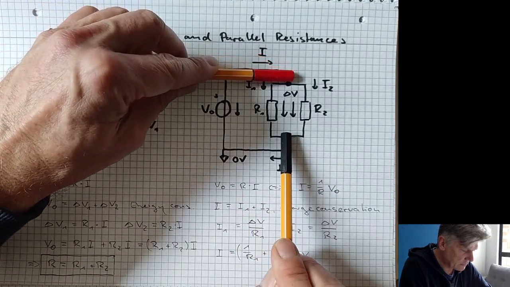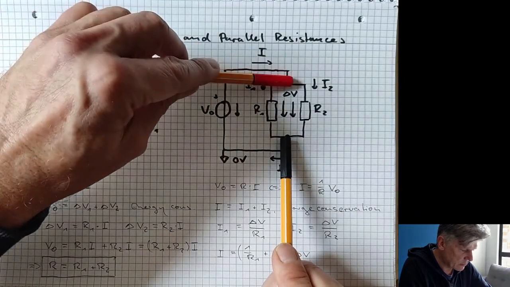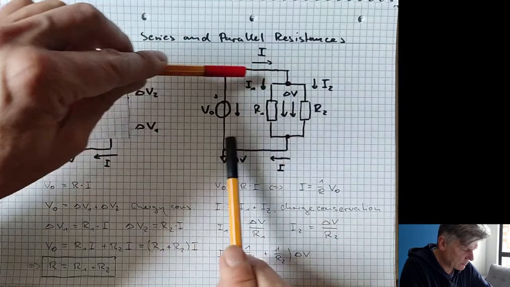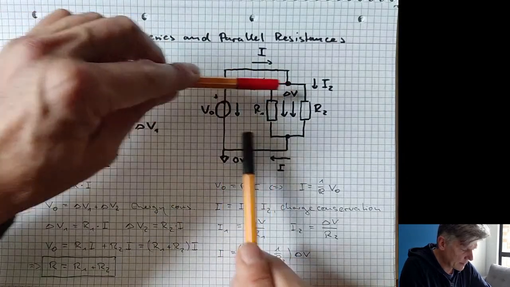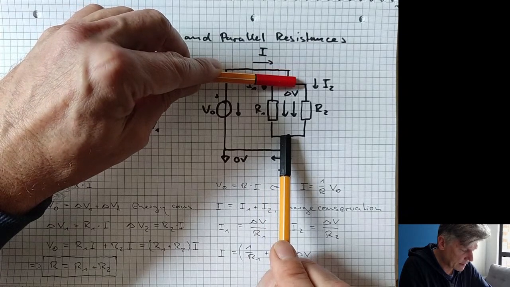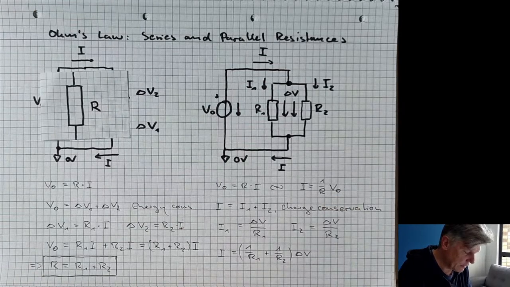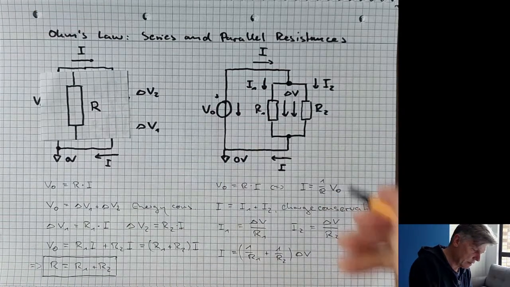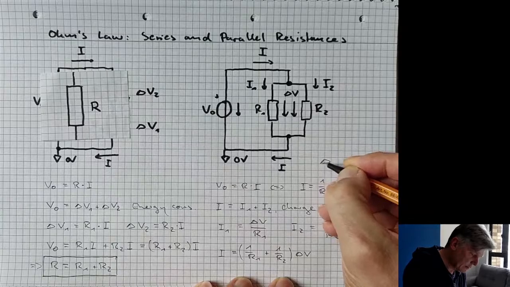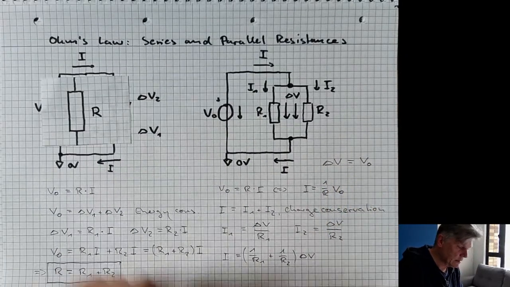When you go here for an ideal conductor, you wouldn't have any voltage drop, any potential drop. So the potential here is the same as the potential here, right? Because we have ideal conductors here. Good. That means this V0 is in fact also the delta V. So the voltage drop across the resistors is identical to the source voltage.